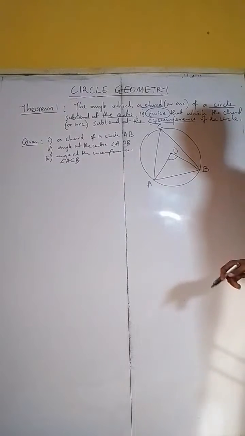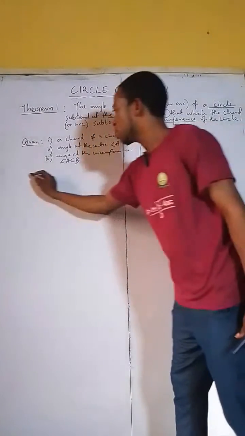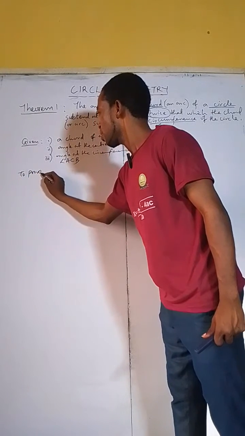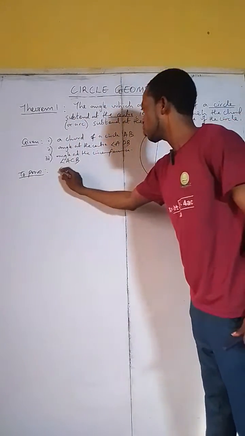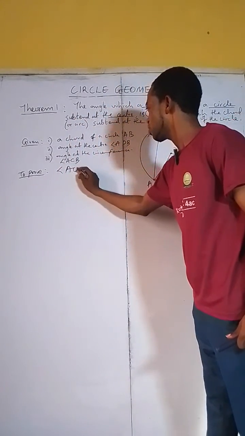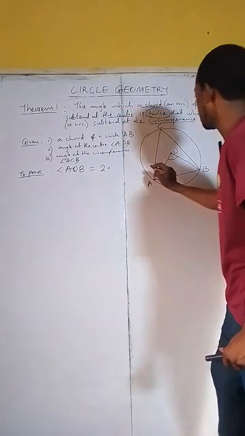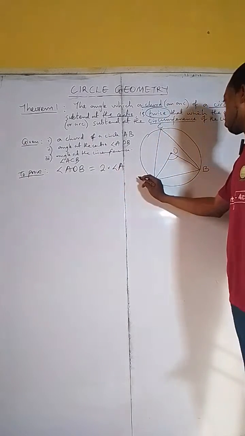Now, that is it. What are we proving? To prove that the angle at the center, which is angle AOB, the reflex angle AOB, is equal to 2 times, that's twice, the angle at the circumference, which is angle ACB.